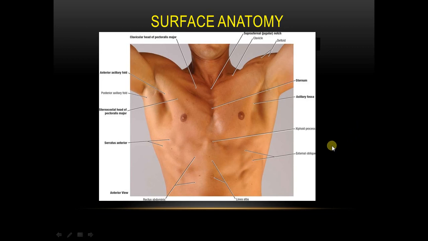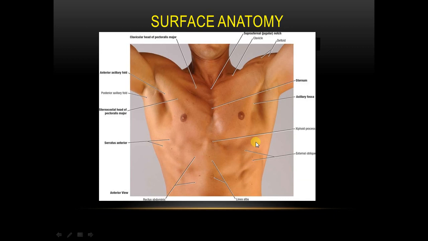In this you can appreciate the sternum, and the outline of this muscle you are able to see very well, which is the pectoralis muscle. For this you should have a very well built person, then only you will be able to appreciate these muscles. Then the xiphoid process, jugular notch, of course the deltoid muscle, all those things you will be able to appreciate in surface anatomy.